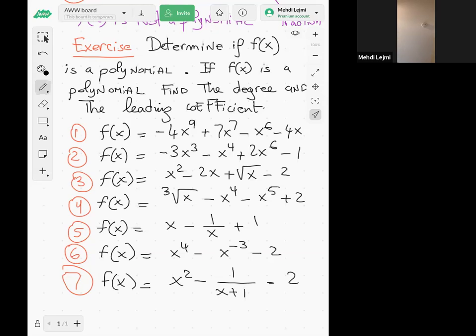All right. So please, guys, you have to say whether the function f is a polynomial or not, and if it's a polynomial, please find the degree and the leading coefficient. I will give you a couple of minutes to think about this problem.